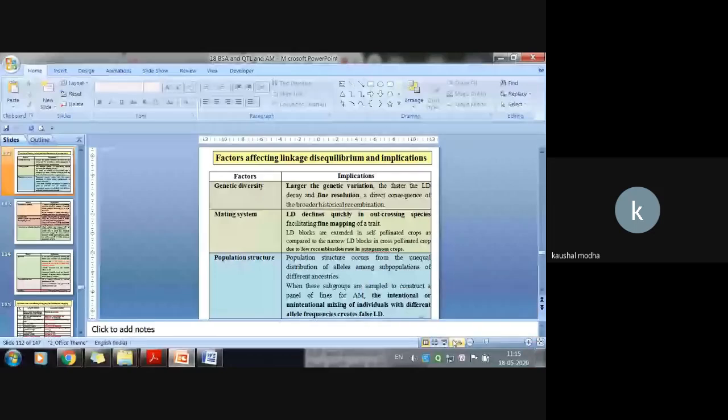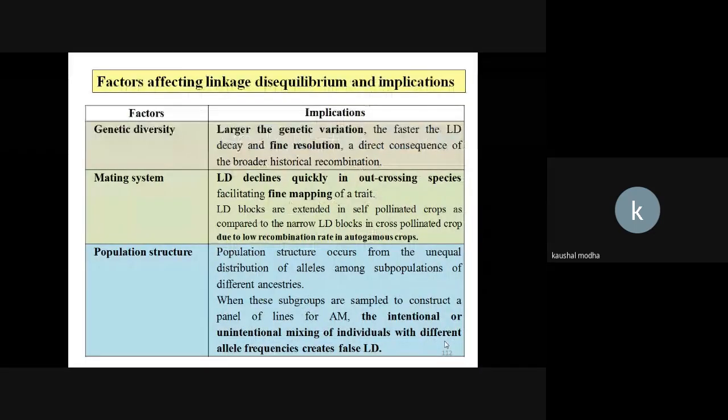Population structure. When can we say anything has a structure? When the different components of a system are arranged in different strata, that is called population structure or population stratification. The structure within the population can occur due to unequal distribution of allelic frequencies we are using to build up the population to be subjected to LD mapping or association mapping.